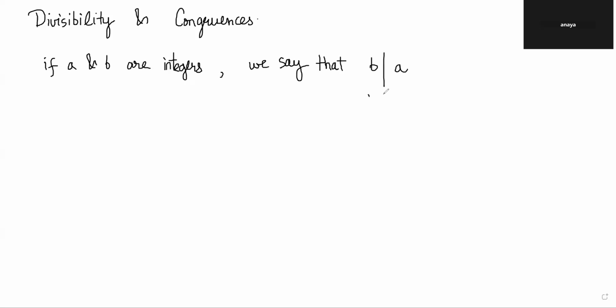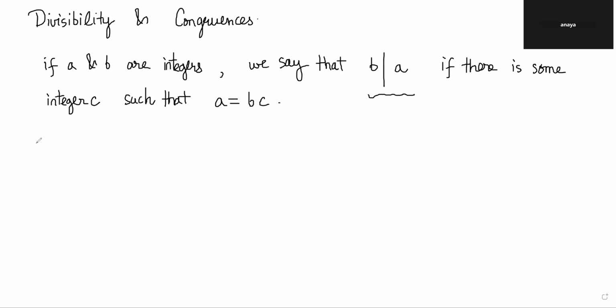So far what we have learned is that if a and b are integers, we say that B divides A, and the way we write it is this notation: B divides A, if there is some integer C such that A is equal to BC, right?